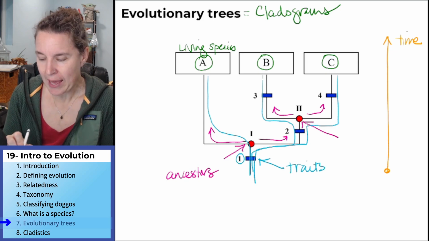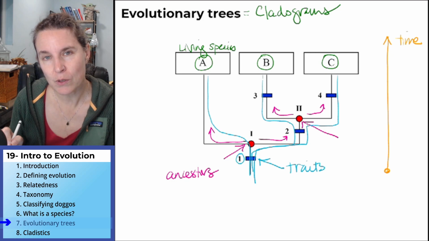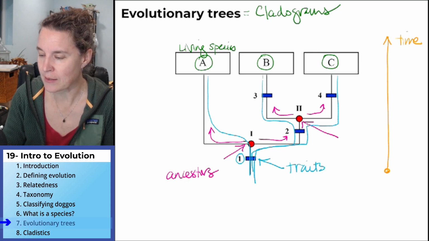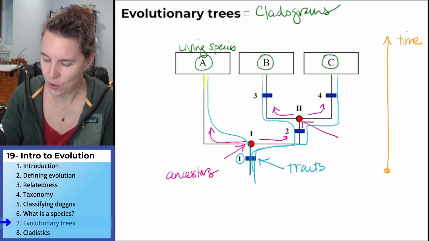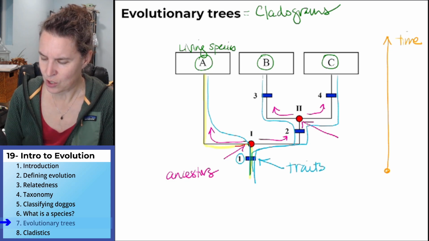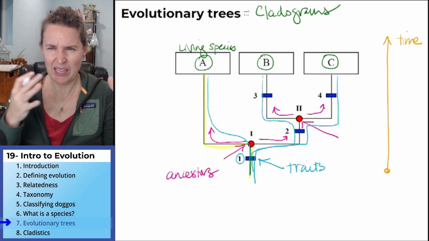Does critter A have trait 2? No. Look, there's no way, maybe I'll highlight this. There's no way for critter A to get to trait number 2 through time, right?